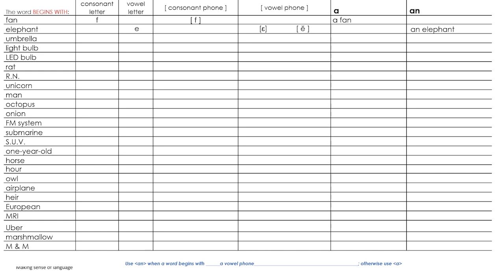So if it's starting with a consonant pronunciation, then we're going to have the article a, like F is a consonant, so a fan, but E is a vowel, so we'd have an elephant. So pause here and then come back and check your answers.